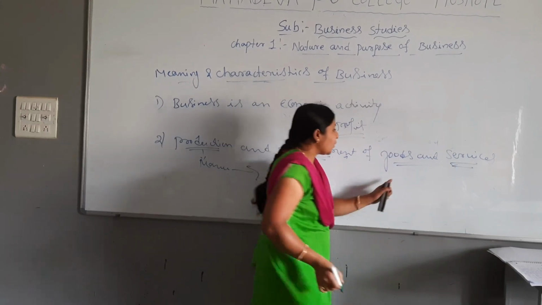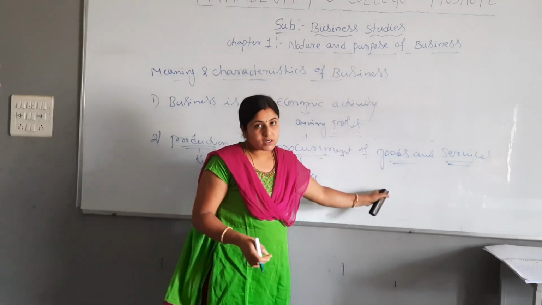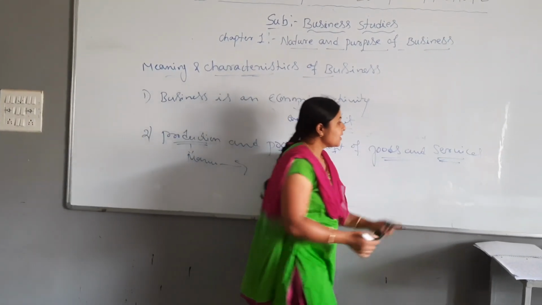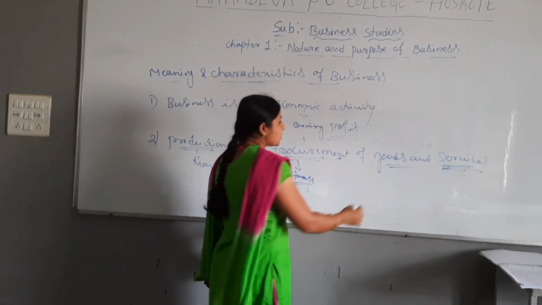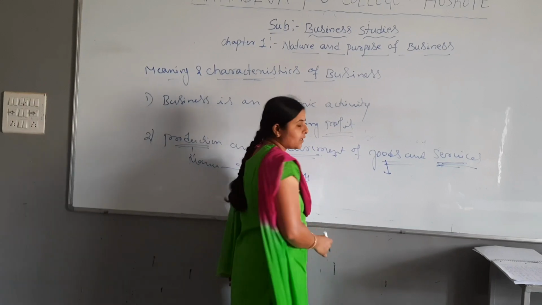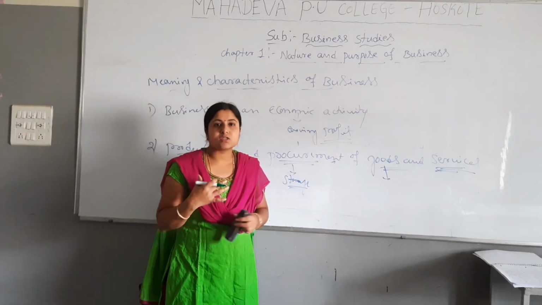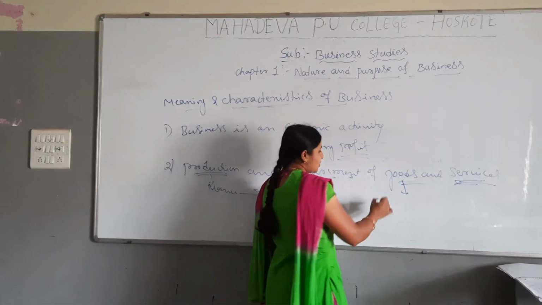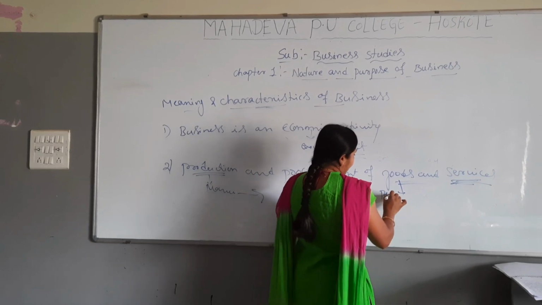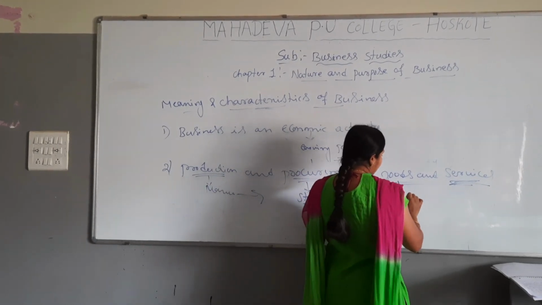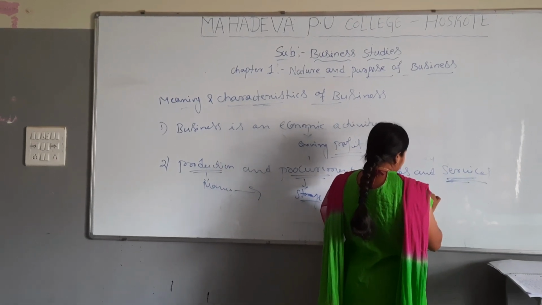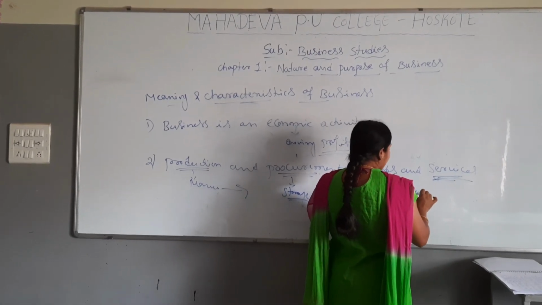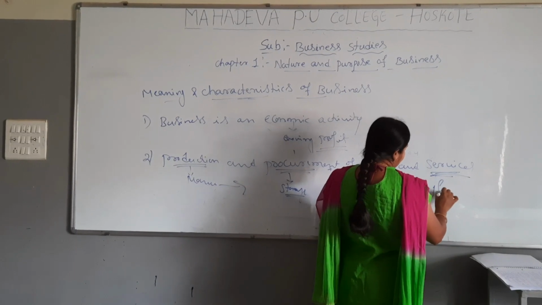Business not only produces goods or sells goods, but also provides services. Goods, for example, are the multiple products we use in our day-to-day life: pen, board, daily consumable goods, machineries, furniture.